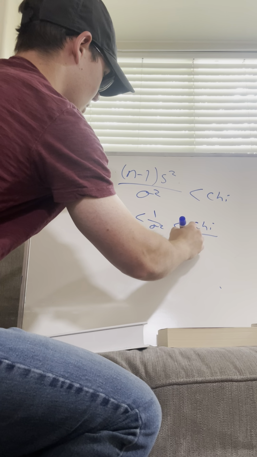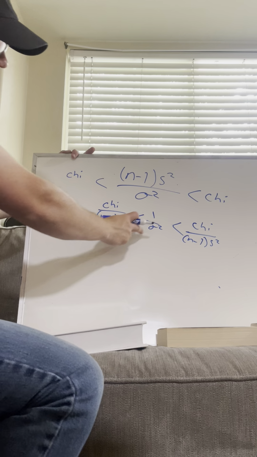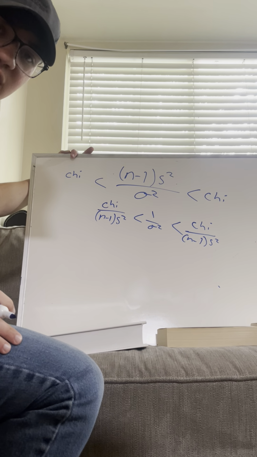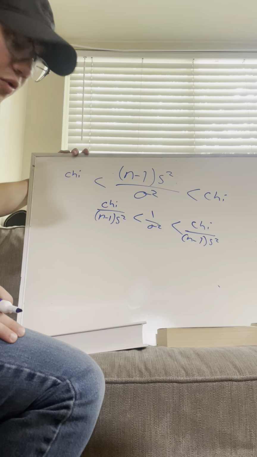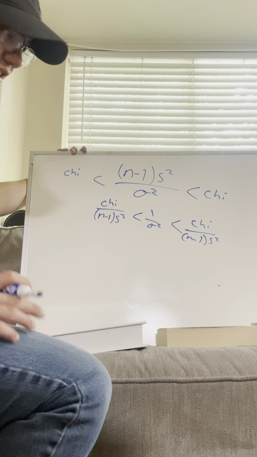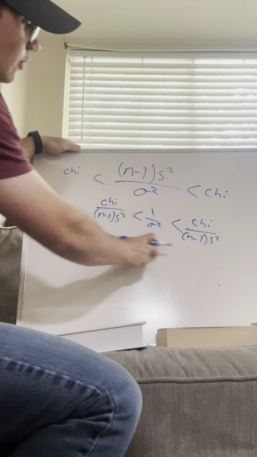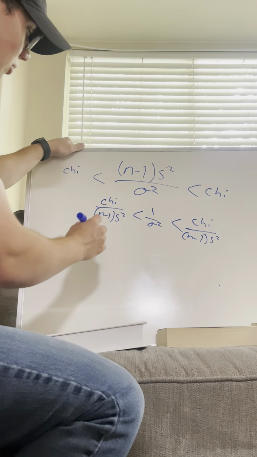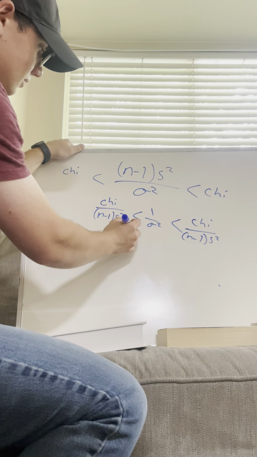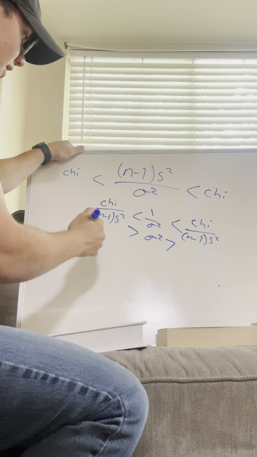But then sigma squared is now by itself, except for its inverse. It's 1 over sigma squared. If we want to get sigma squared truly by itself and not the inverse of it, we have to take the inverse of this whole function. So we're going to have to flip these inequality signs because we're taking the inverse.